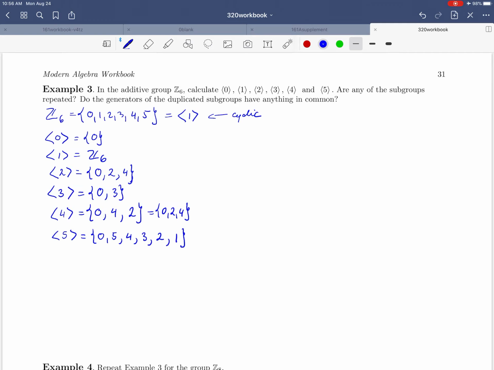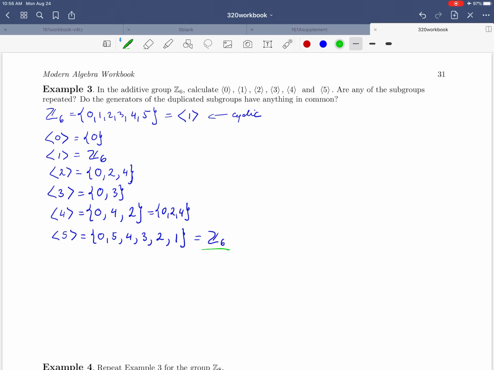We accomplished our first goal. We wrote down all the subgroups generated by 0, 1, 2, 3, 4, and 5. And now let's have a look. What do you notice? What questions come up? Well, one thing that I'm noticing is that we generated all of Z6 a couple of times.